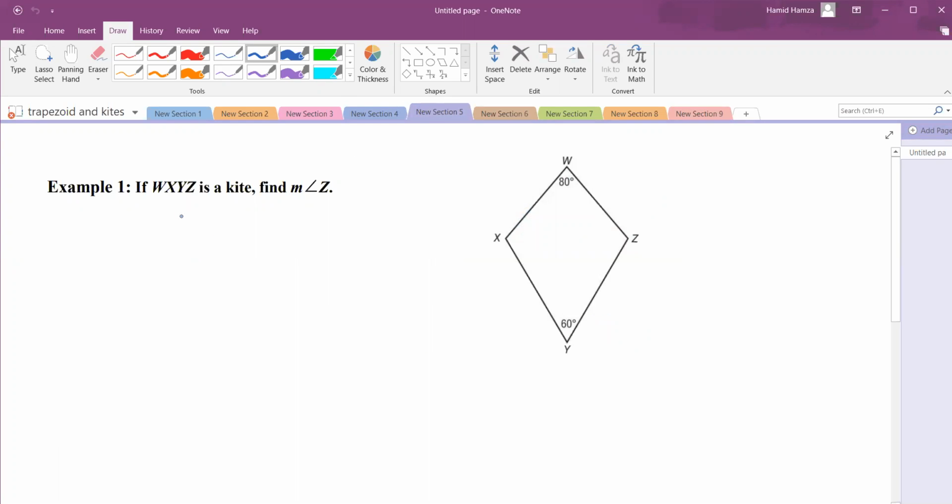Okay. So in this one, we have measure of angles. We wanted to find the measure of angle Z. So as I told you, guys, like we did in the previous one, in a kite, two opposite angles are congruent. Which ones?